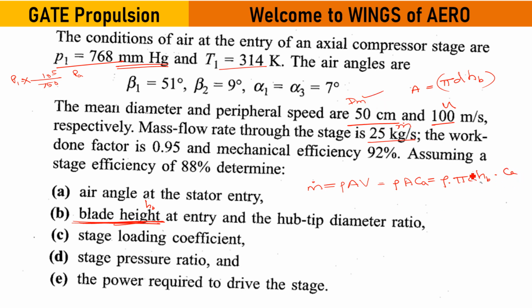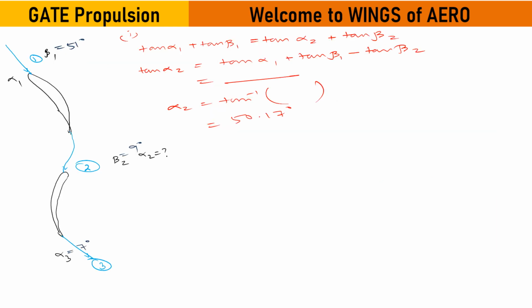D is known. CA, do we know CA? Or can we find out CA? Remember one more trick. Tan alpha 1 plus tan beta 1 equals tan alpha 2 plus tan beta 2.